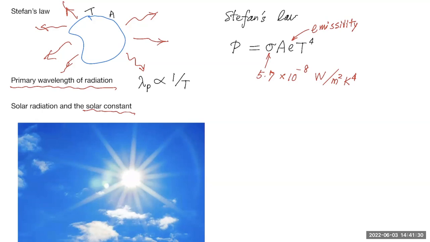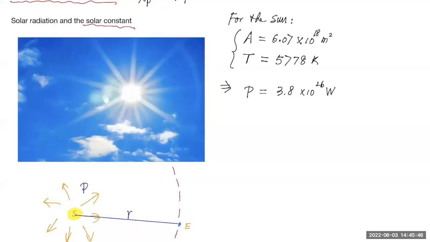So for the sun, let's look at some numbers. We know what sigma is, right? And the surface area of the sun, you can easily Google that. Let me write down these numbers. For the sun, the surface area is 6.07 times 10 to the 18 meters squared, and the surface temperature is 5,778 Kelvin.